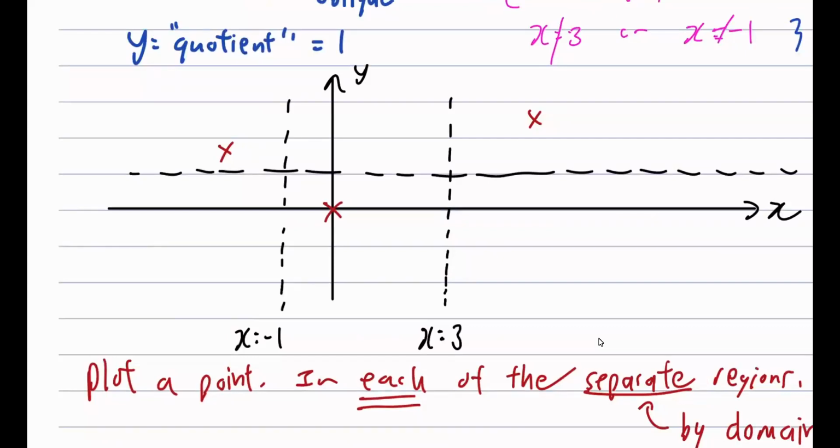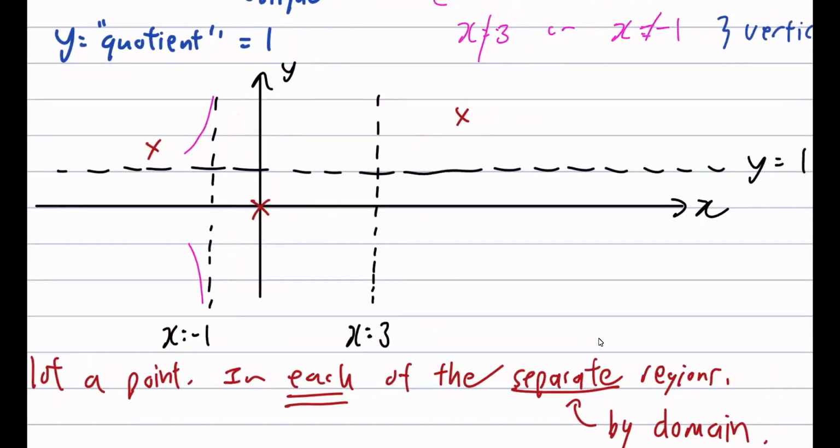Near x equal -1, you can only have two options, either curve this way or curve that way. If you want to, and horizontal asymptote, you cannot cut across it, usually. So if you already have a point that's above the y equals 1 horizontal asymptote, could it still be this part of the graph?